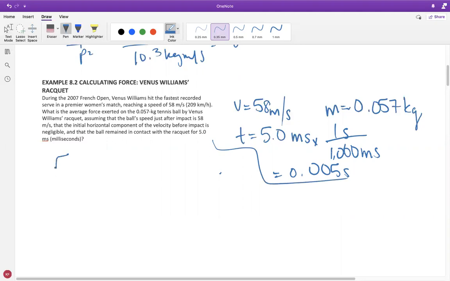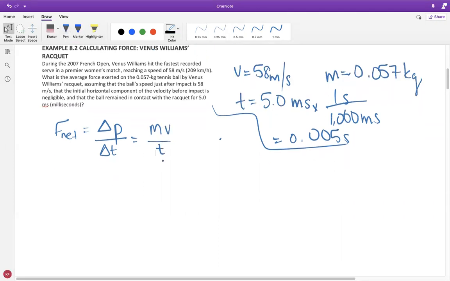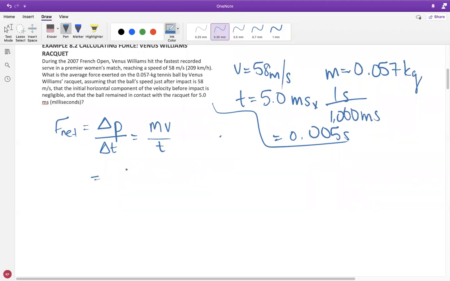So we defined our net force as being our change in momentum over some change in time. Okay, and our momentum, if you remember, is going to be our mass times velocity. Okay, so we can go ahead and plug these things in.